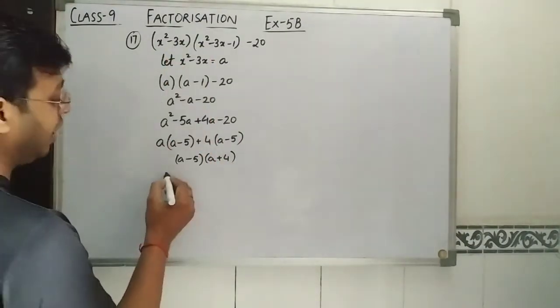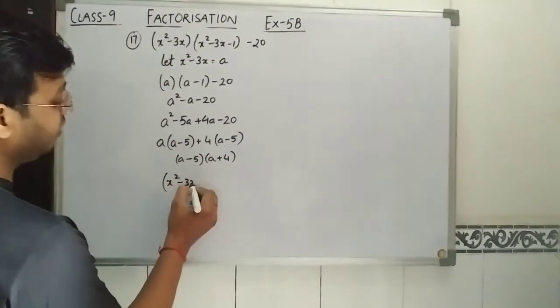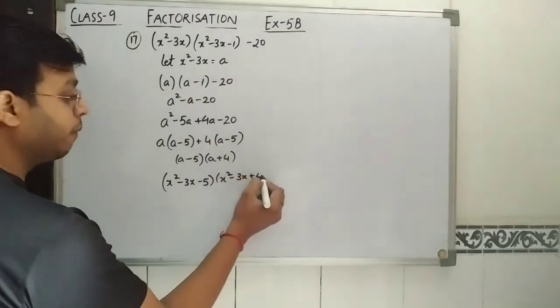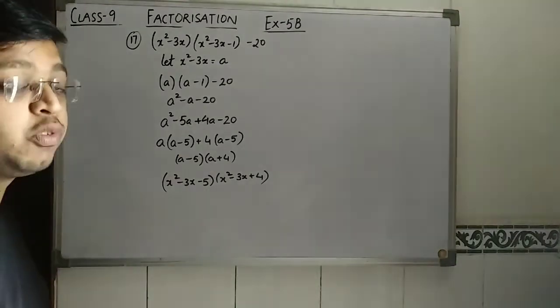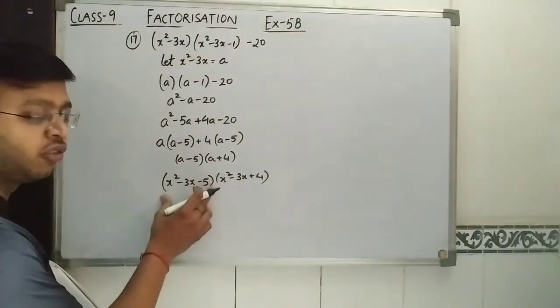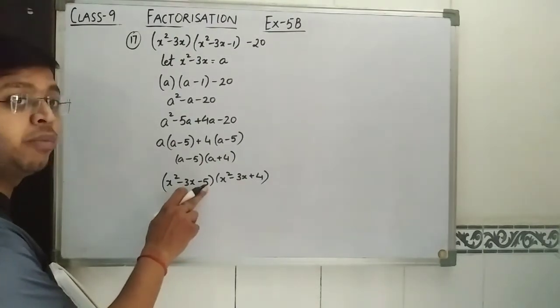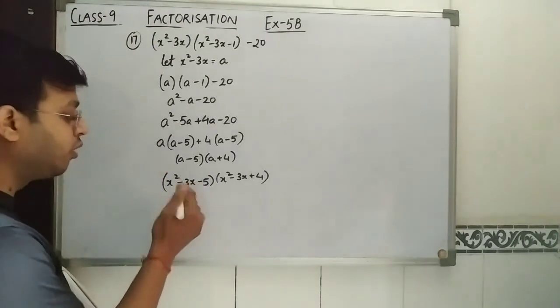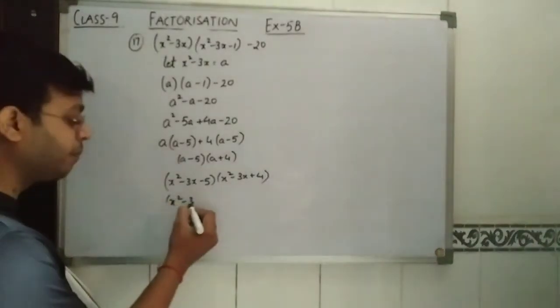Now we have to place the value of a, x square minus 3x minus 5 and x square minus 3x plus 4. Now again we got similar terms which can be solved with the help of middle term splitting. So in the first bracket we concentrate. We have to think about two numbers, their multiplication is 5 and their subtraction is 3, which is not possible. So this bracket can be written the same.